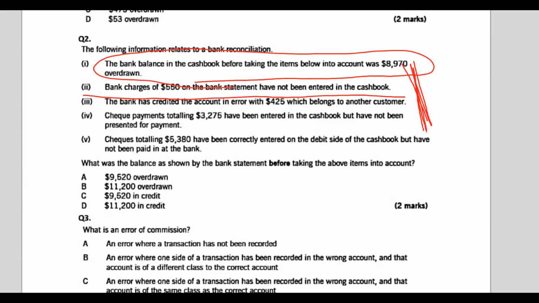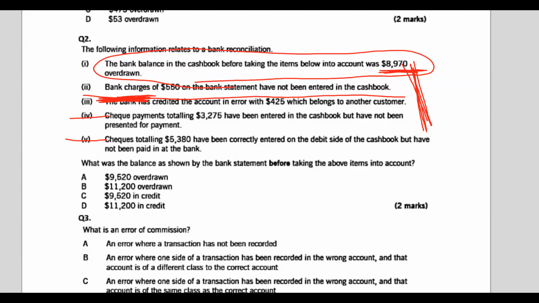Like when they adjusted it last time, they had this balance. So this balance was equal to what was there on the bank statement. When they include the bank charges, the bank statement will have the bank charges because they are aware about them. But the checks will be in the cash book, as we explained last time.